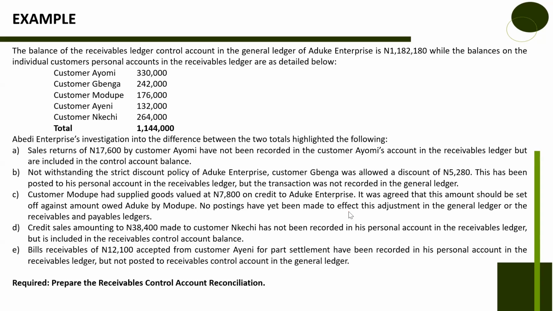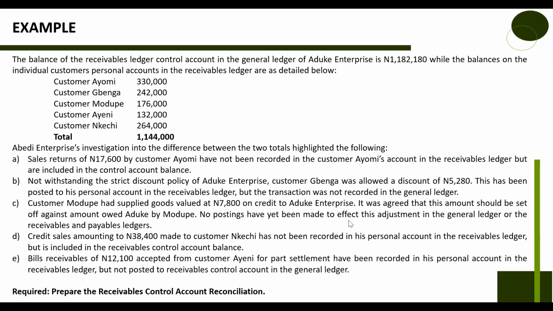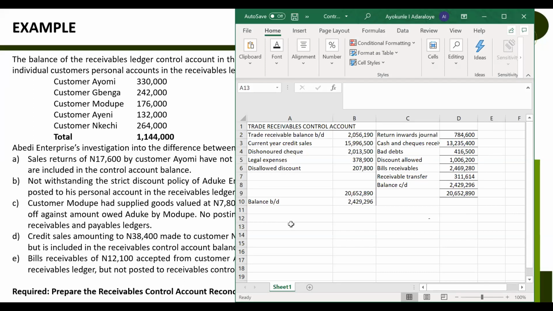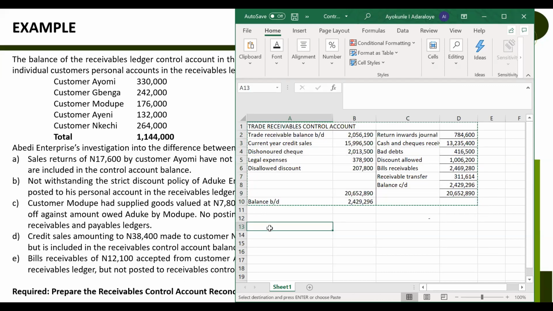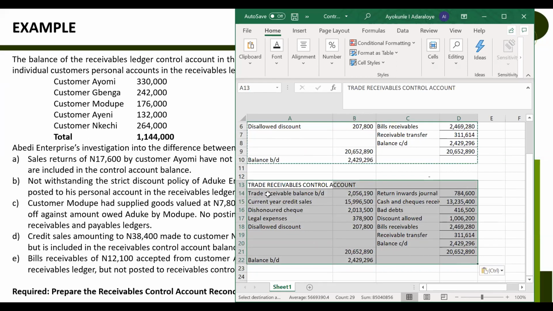Let me bring out my Excel so that we can take it from there. Okay, so let's start. I don't know what's going on. Okay, finally I can click on it. So I'm just going to use this. I don't have to design that thing again. I'm going to delete whatever is inside.